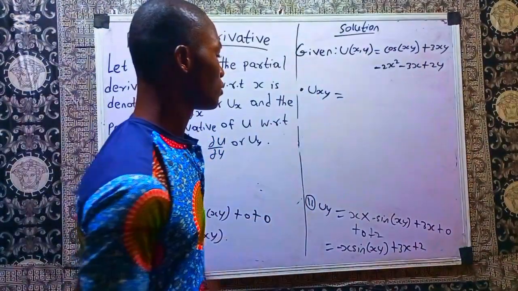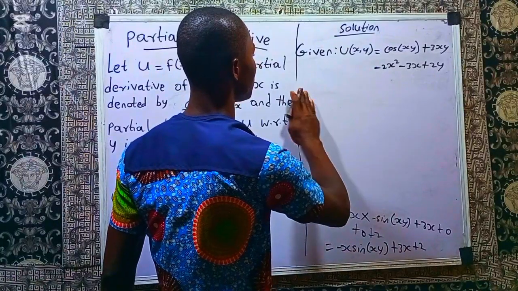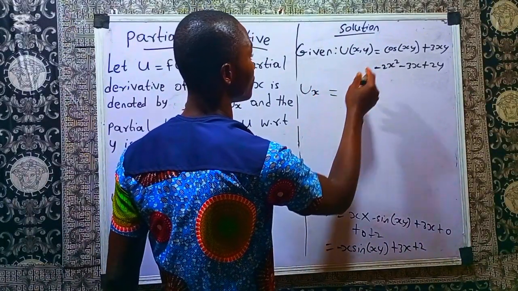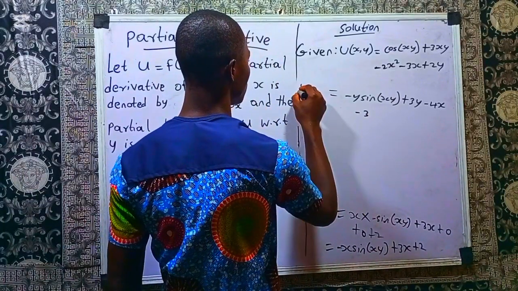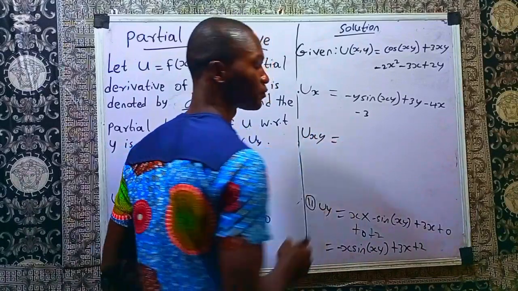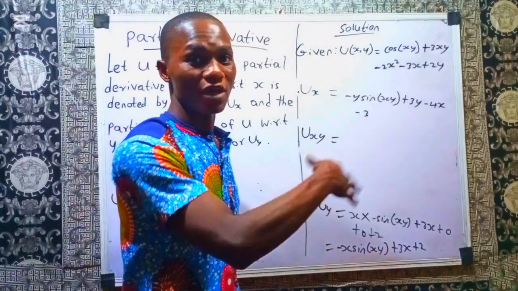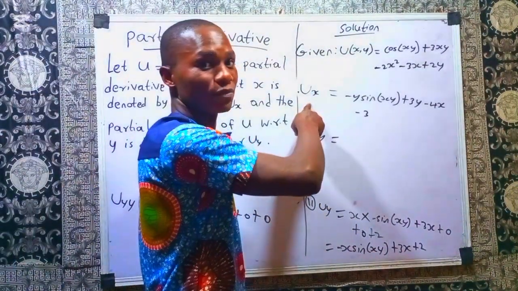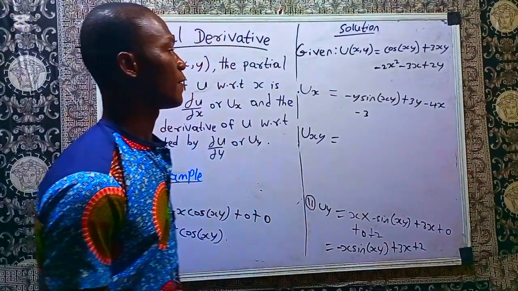Though I have cleaned it, I will write it here. What we got for u subscript x was this, and now we want to do u subscript xy. This is just what we have done earlier, the partial derivative with respect to x, the first one we did. I just rewrite it here.